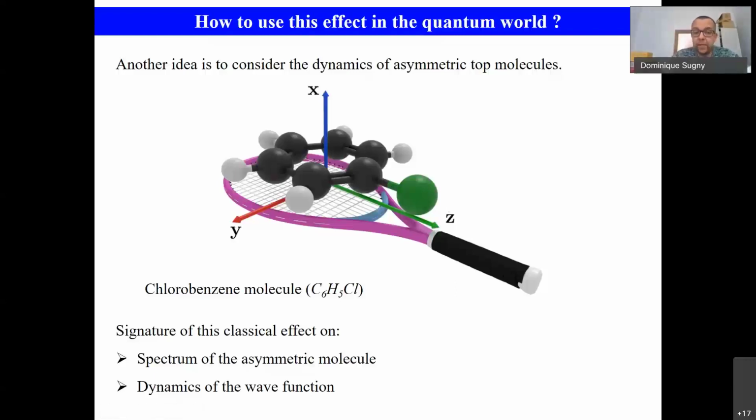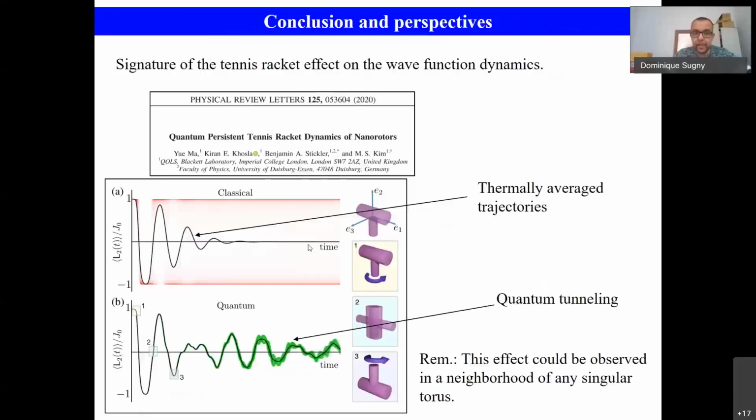We can find some signature of this classical effect on the spectrum of the asymmetric molecule and on the dynamics of the wave function. In particular, there is a very recent PRL paper about this effect, and it can be shown that the tennis racket effect in the quantum world, for nanorotors or for an asymmetric top molecule, is persistent and very robust with respect to a thermal distribution of the initial conditions.